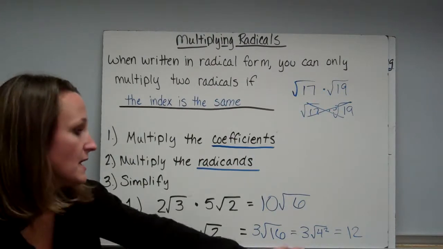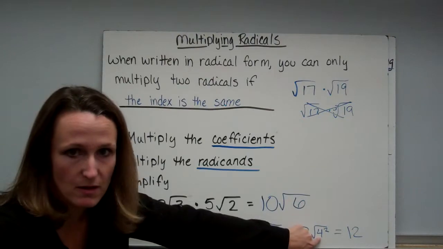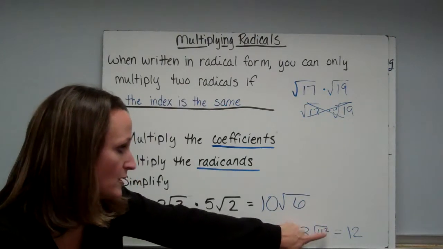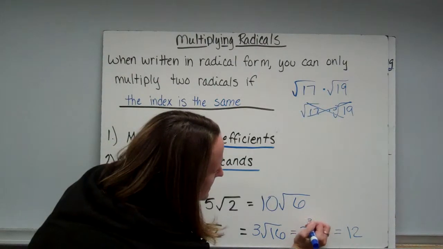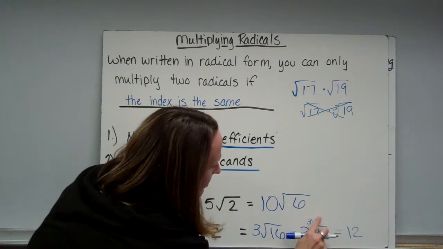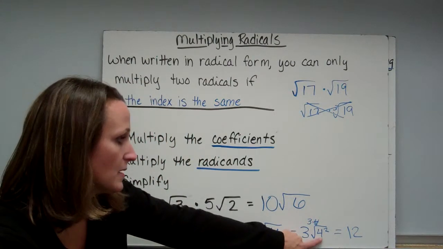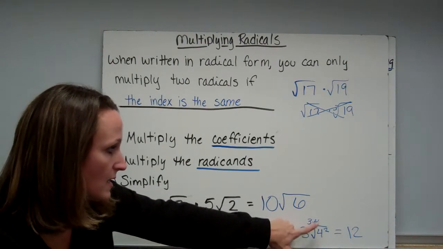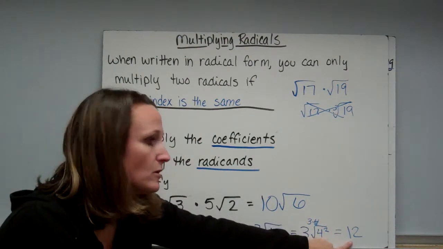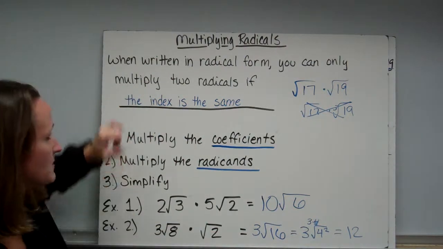And if you missed how I did that, 16 is the square root of 4 squared, and when we pulled out the 4, this became 3 times 4. Because remember, you pull out anything that has a perfect square in it, and 3 times 4 would simply give you 12. That was our simplify step.